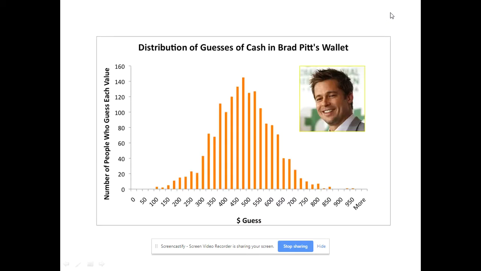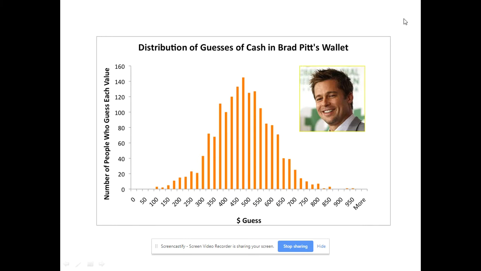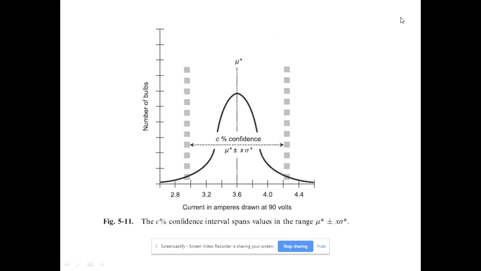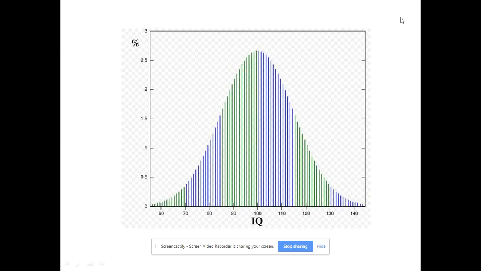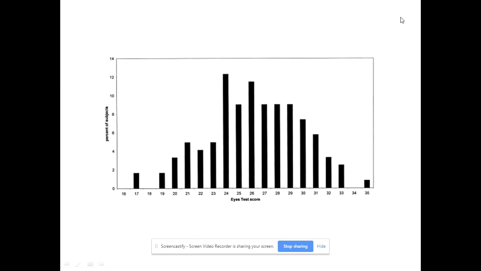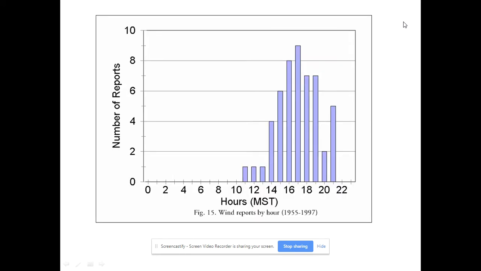Even the guesses that people guessed how much cash Brad Pitt had in his wallet follows a normal distribution. SAT scores, and so on. Age that people get married.